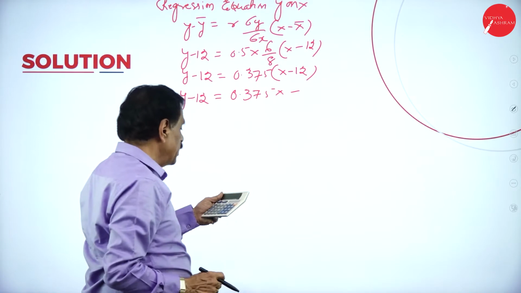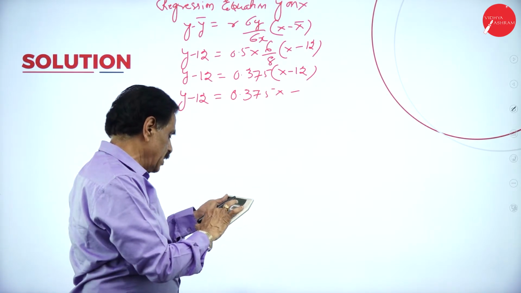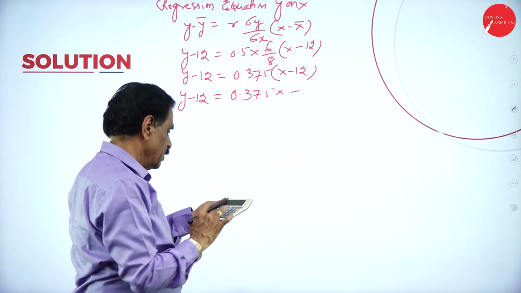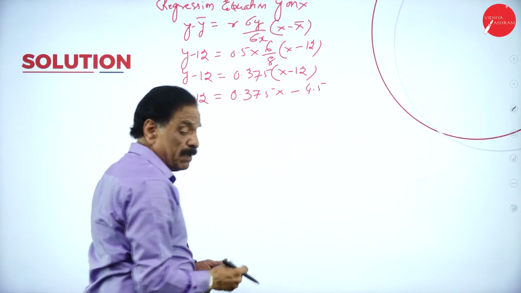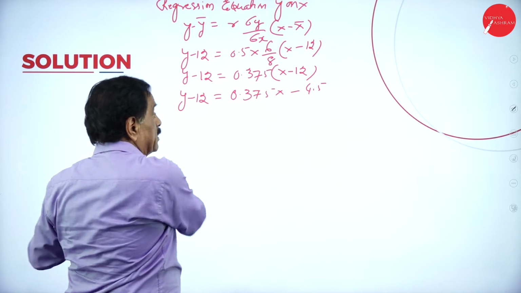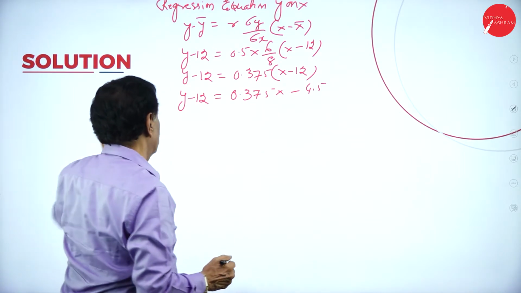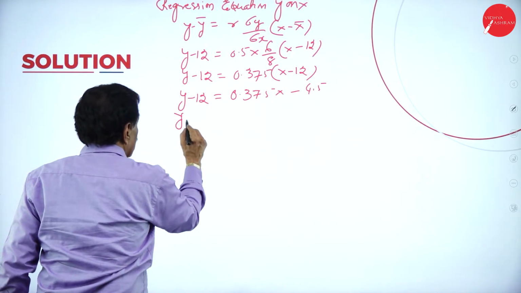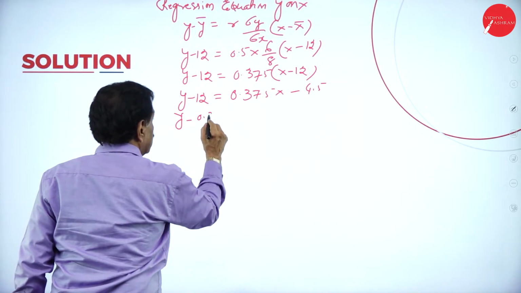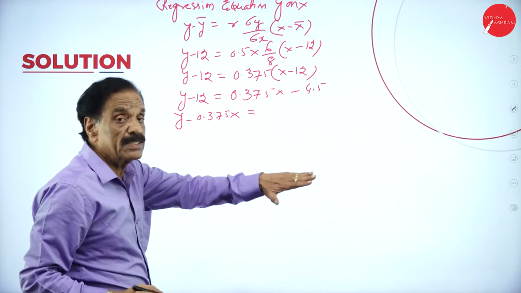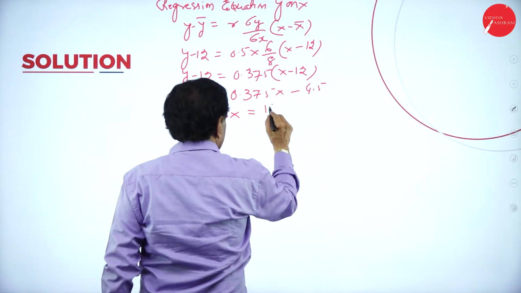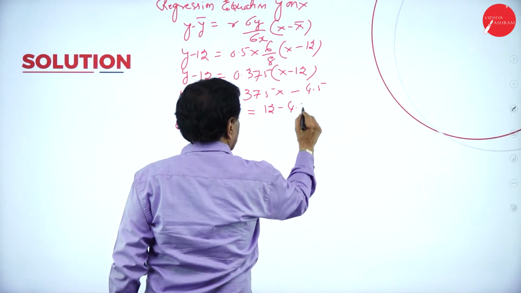Minus 0.375 into 12 is 4.5. So make the equation: take the x this side, plus x becomes minus x, y minus 0.375x. Minus 12 comes to that side, plus 12, minus 4.5.